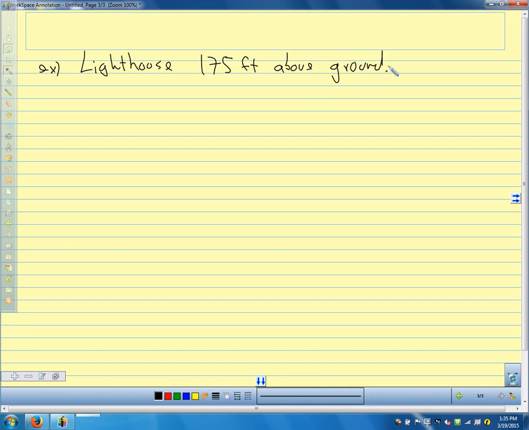That's the part of the lighthouse where the people are standing, where the light is. The angle of depression to a ship is 62 degrees. How far is the lighthouse from the ship?